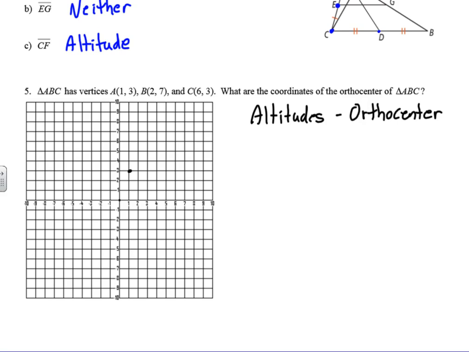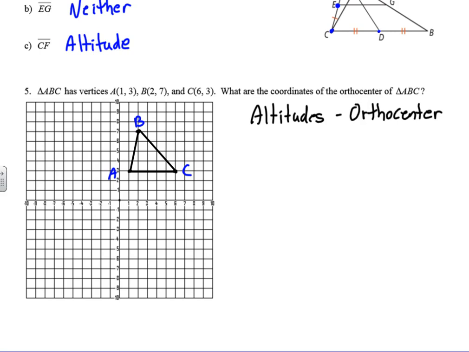Orthocenter, it's the intersection of the altitudes. Altitudes. Okay, enough of that.